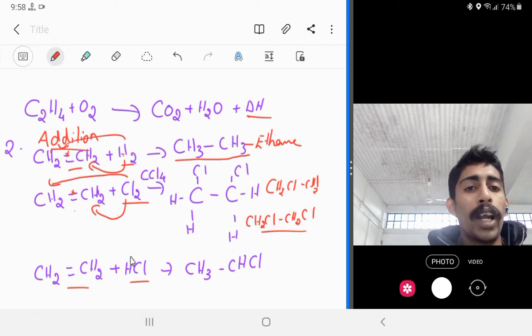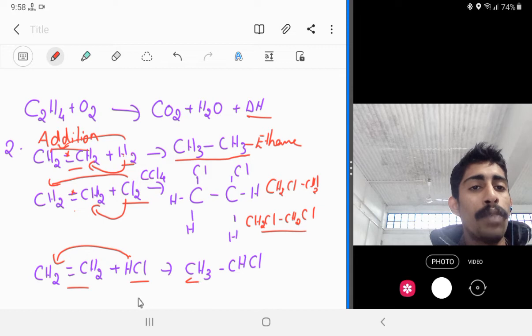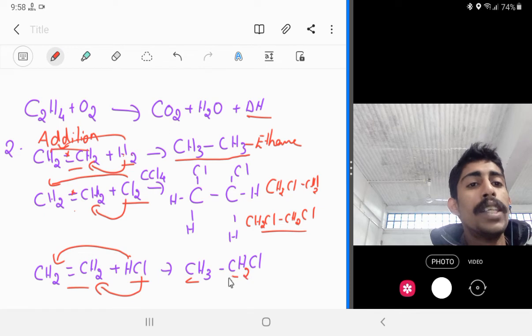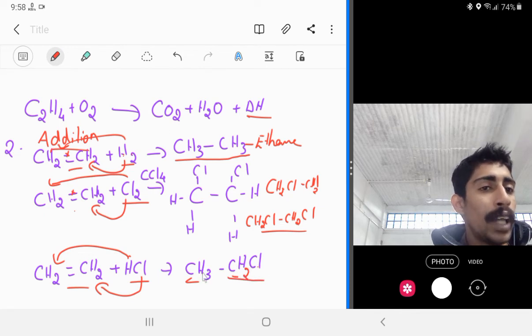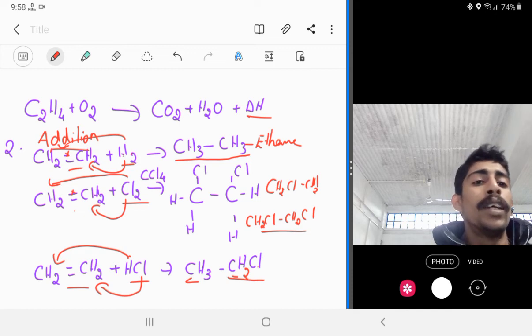As the third example, when ethene reacts with hydrogen chloride gas, the hydrogen atom reacts with the first carbon atom and forms CH3, and the chlorine atom reacts with the second carbon atom and forms CH2Cl. So we get chloroethane.